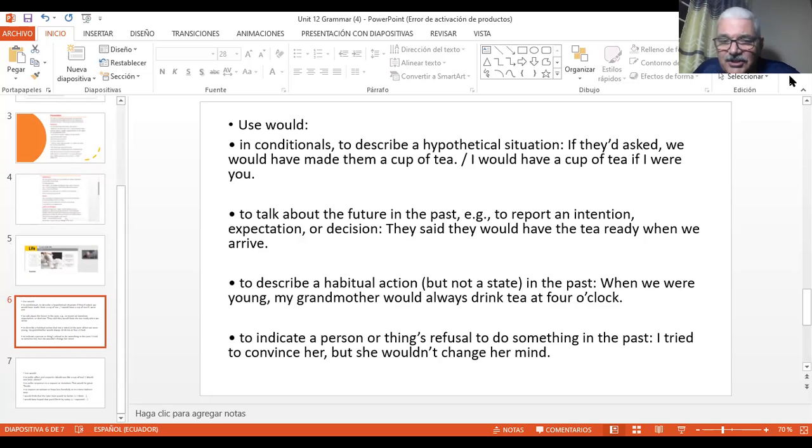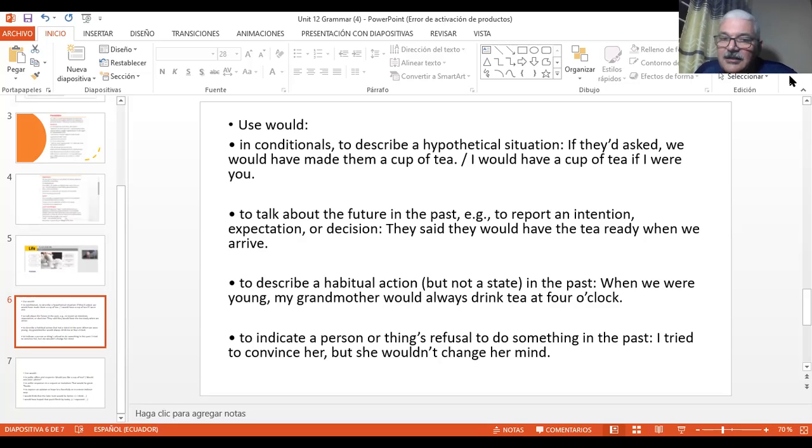The second usage is just to talk about the future in the past. That's important because that's also very, let's say, subjunctive, all right? The example here is to report an intention, expectation, or decision, okay?